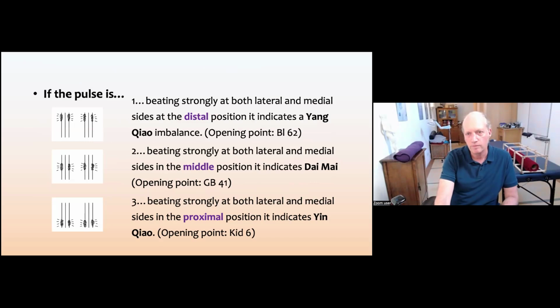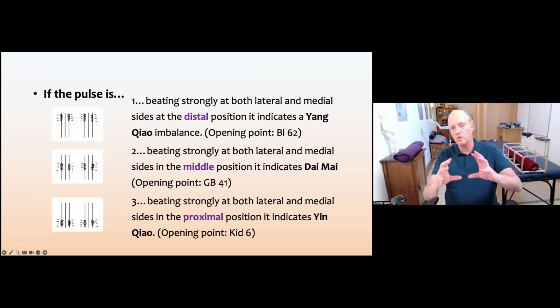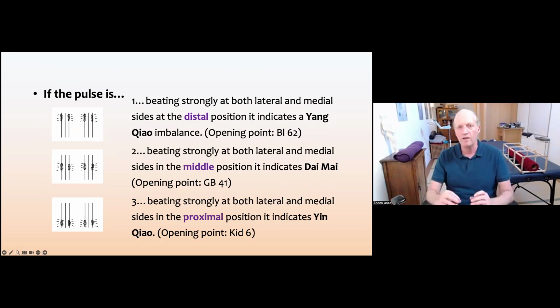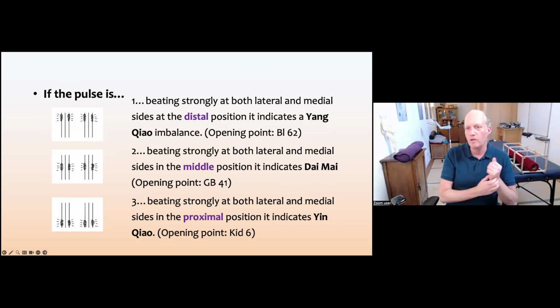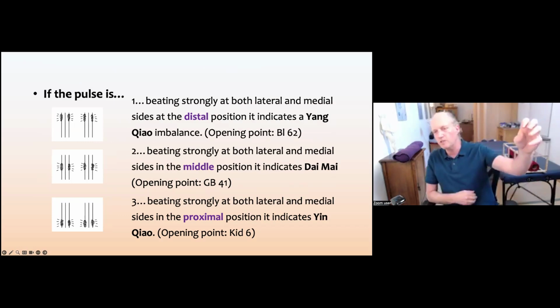Okay, now, what are the clinical findings if it's so-called beating strongly? By the way, this is all to do with the edges of this method, so it's to do with the sides of the artery. If it's beating strongly at both the lateral and medial sides in the first position, the distal position, it's a yang Chao imbalance.